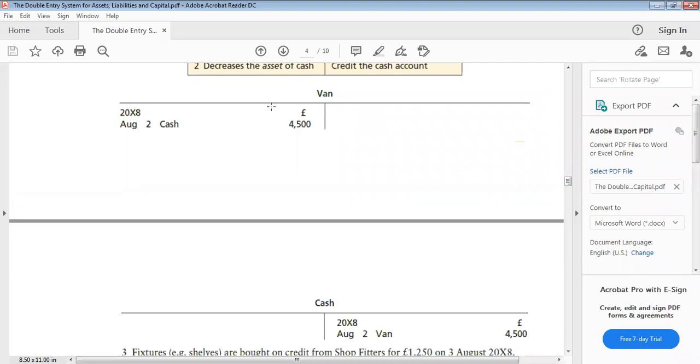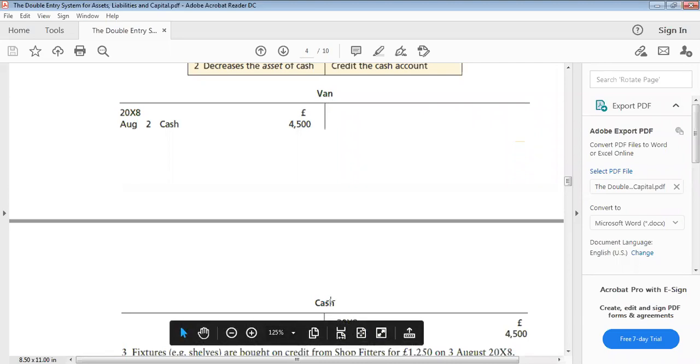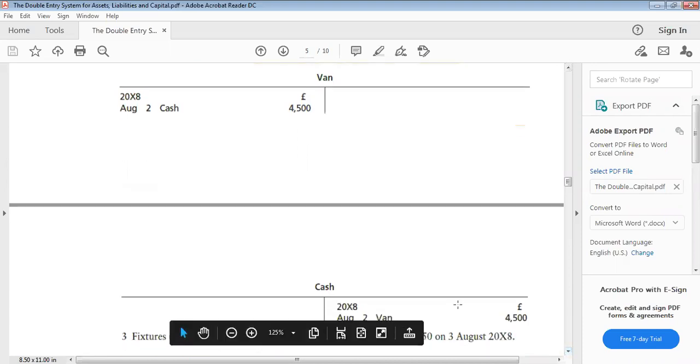So what you do first, you create the accounts, van and cash, right? The accounts, van and cash. Then you put in the money and the date. Then you put in the money and the date for cash as well, on the credit side, because you are losing cash while you are gaining the van. Good?